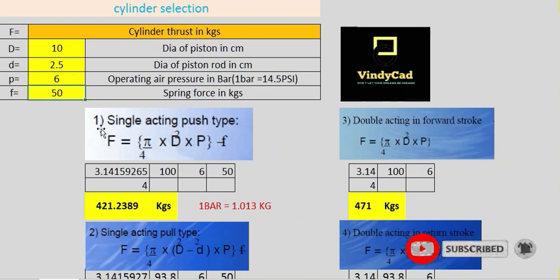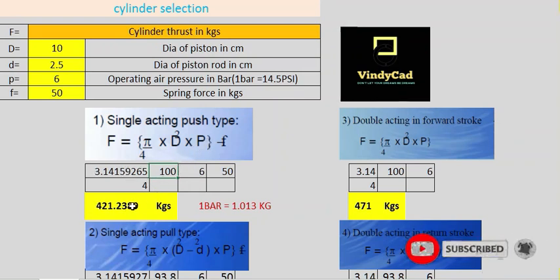Coming to the first calculation, single acting push type. P, our operating pressure, is 6 and the diameter is 100. I divided it by 2, it's a square, then it is 100, pi by 4, 3.1 divided by 4, same calculation as I have written here.